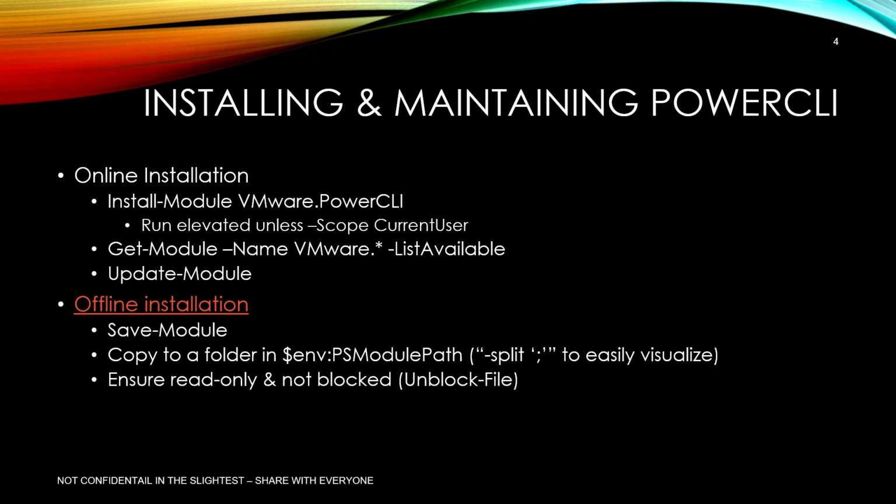Generally, just make sure they're read-only if you're going to give them to other people, just so they can't be hijacked. And if you're taking stuff out of zip files, of course, what you'll find with Windows Zip built in is that it will block files. So you can either go File Properties, Unblock, or do a dir and pipe through Unblock-File, the PowerShell cmdlet, to make sure they're not actually blocked.